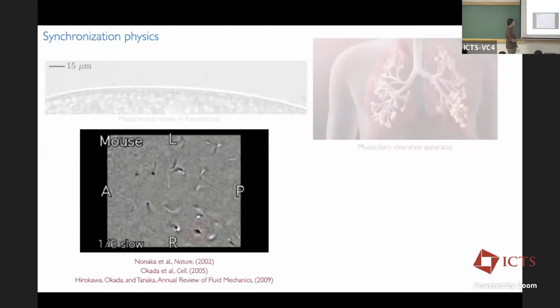This is another context where collective behavior is important, and this is something that I discussed in the first class. This is going back to the question of how we break the left-right symmetry in vertebrates, okay? So these are ciliated cells observed in the mouse embryo. There are about hundreds of such filaments, or cilia you would call.